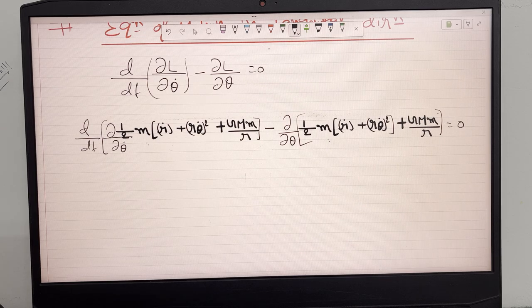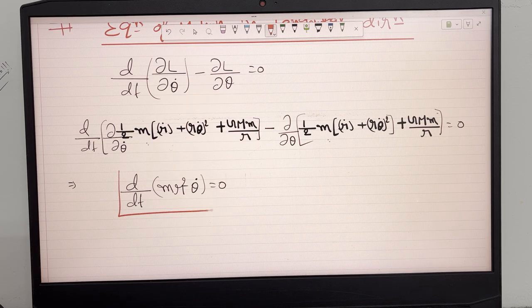So when we differentiate it, you will come to know that when you differentiate with respect to theta dot and theta, d by dt of m r square theta dot is equal to 0.